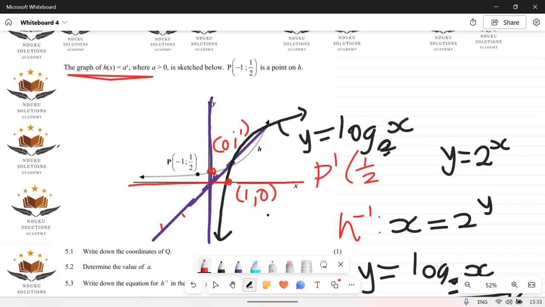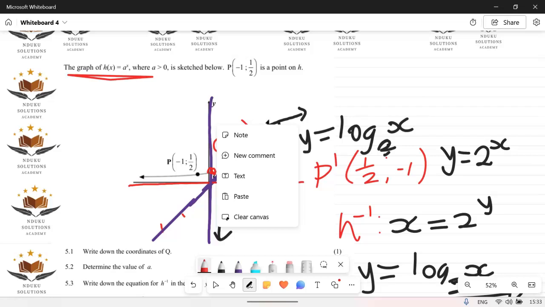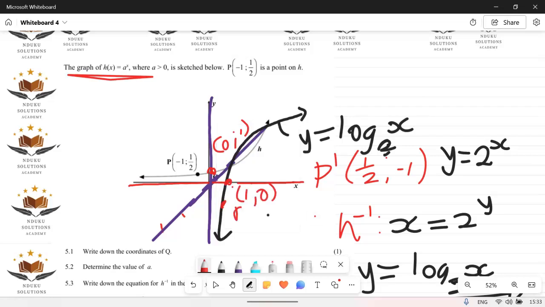So x will be half and y will be -1. So if we were to plot P, you see x is half. This is actually 1, so it will be half here, almost here, say somewhere here. Yes, this is for the image of P, which is at half and -1. I hope that makes sense.